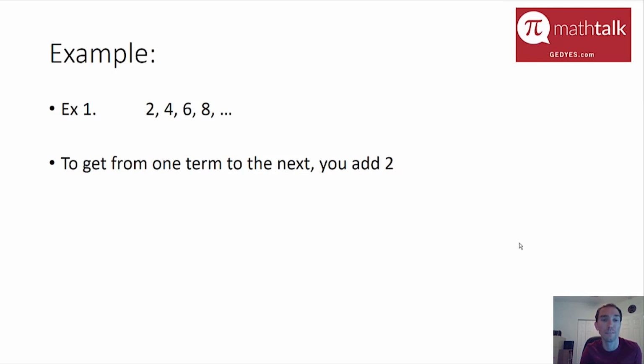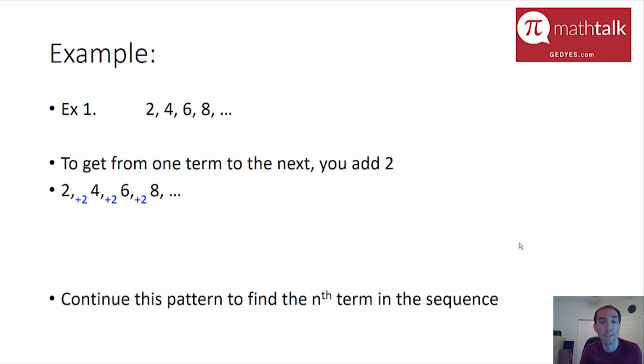You just add 2 every time because 2 plus 2 is 4, 4 plus 2 is 6, 6 plus 2 is 8, etc. And this pattern can be used to figure out really any term or the nth term in a sequence, whether it's the 7th term, the 10th term, the 50th term, whatever term it may be. You just keep adding 2 every time and you eventually get the number you want. So let's take a look at another example.